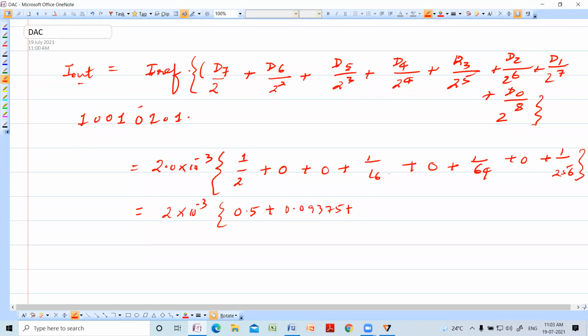You can just see that. 1 by 64 is how much? And what is the total? You can just find out. So 1 by 16 is 0.0625.